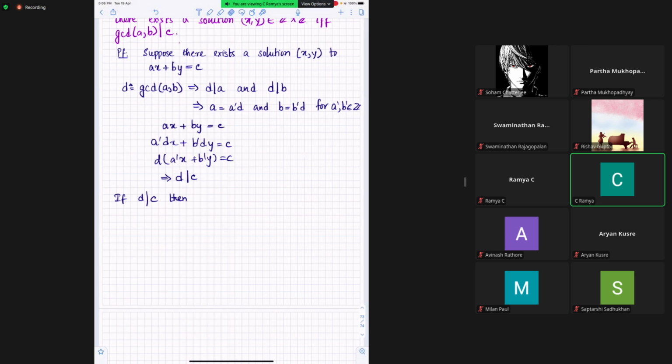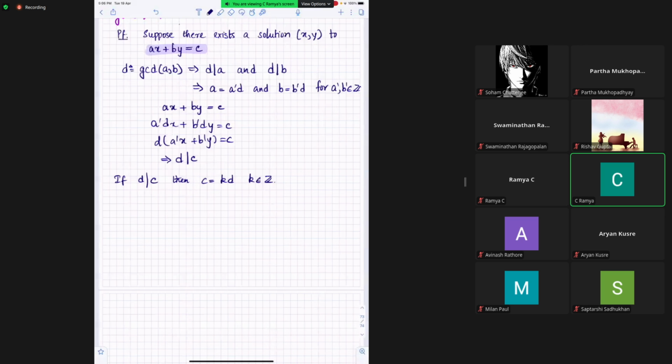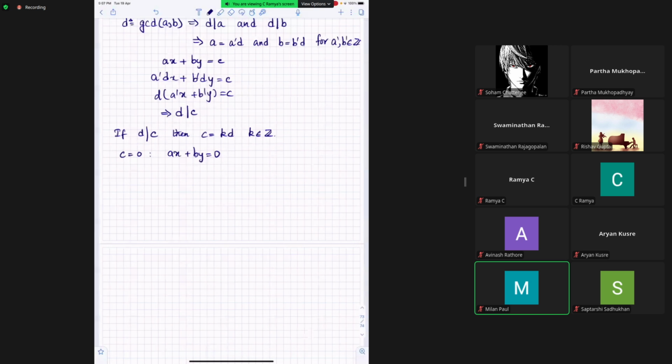Now what if c is 0? Then your equation ax plus by is equal to 0 is an integer equation, and x equal to 0 and y equal to 0 is a solution.